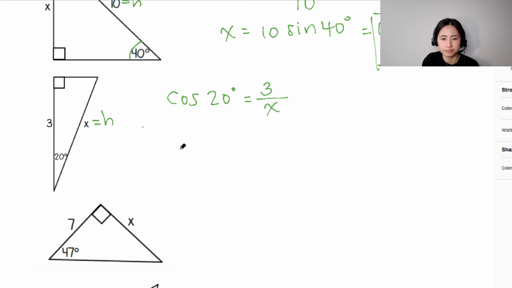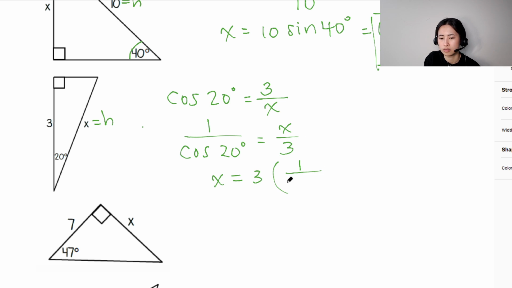So take the reciprocal, so you would have 1 over cosine 20 degrees equal to x over 3. Now that your x is in your numerator, you would just take 3 times 1 over cosine 20.